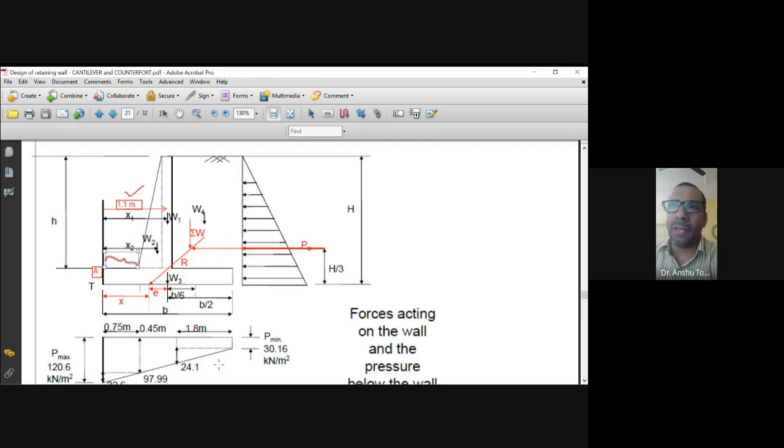So 2/3 of 250 will be added to 0.8. That is 0.66 into 250 is equal to 165 mm, that is 0.165 if we convert it in meter, plus 800 is equal to 965 mm. So it will be 0.965.